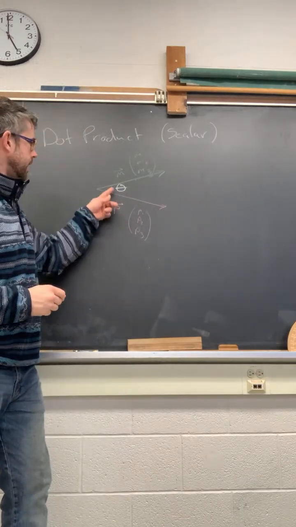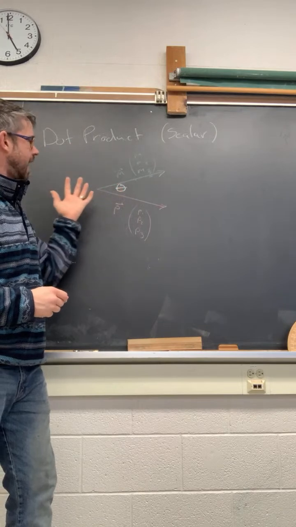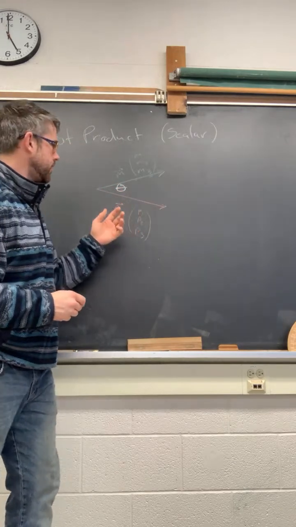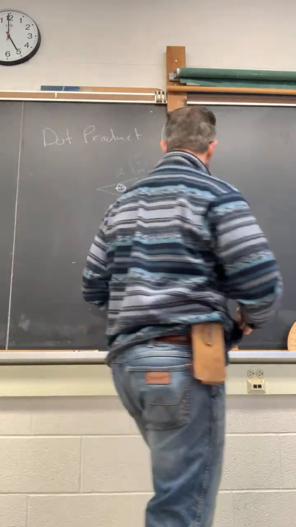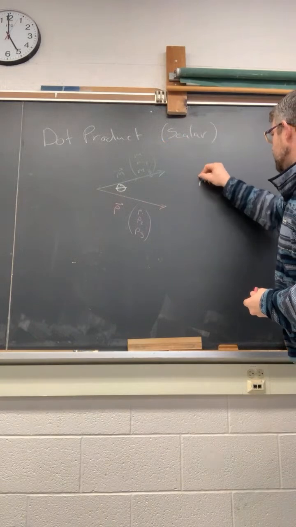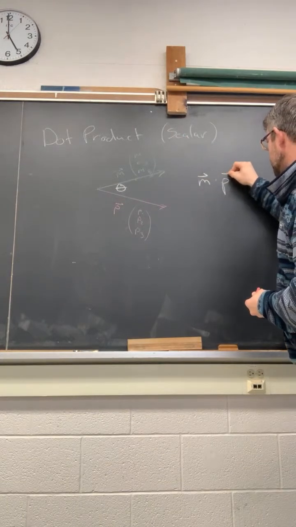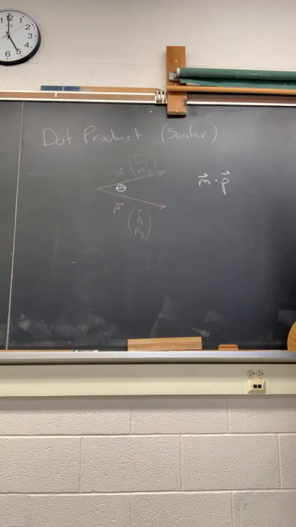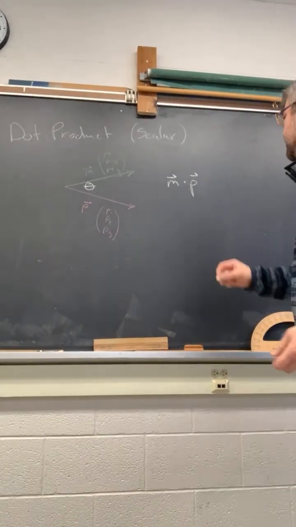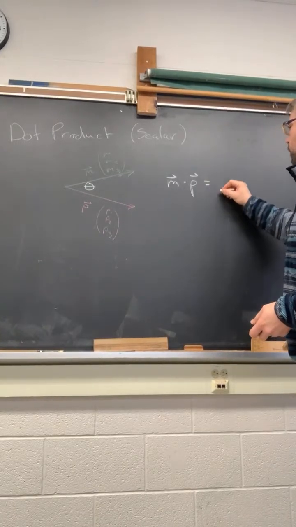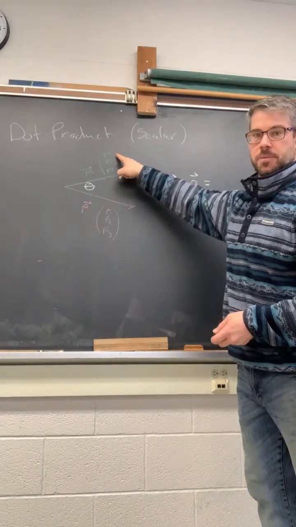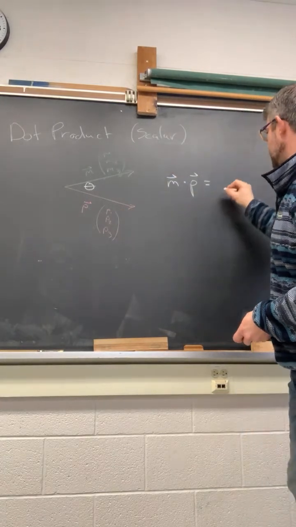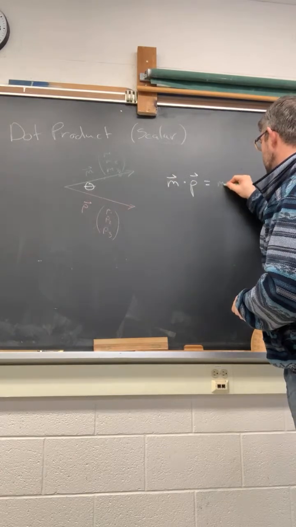And so what is the dot product actually going to investigate with these two things? Well, I'm going to show you first how to compute the dot product. So if I wrote M dot P, what I should result in is a scalar. It'll work out to be the sum of the first component of M times the first component of P, so it'll be M1 P1.